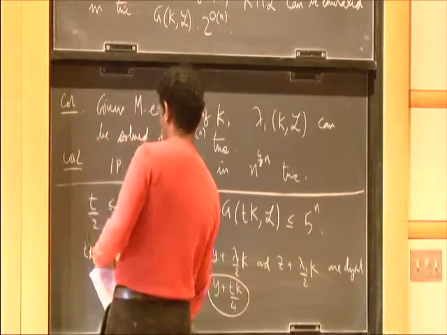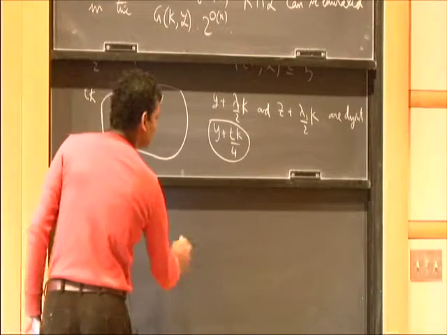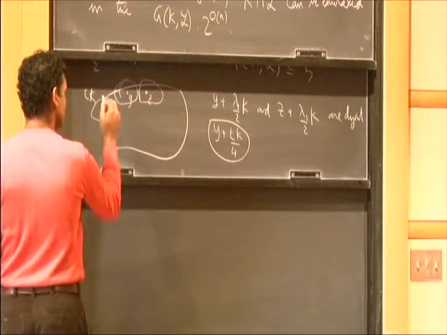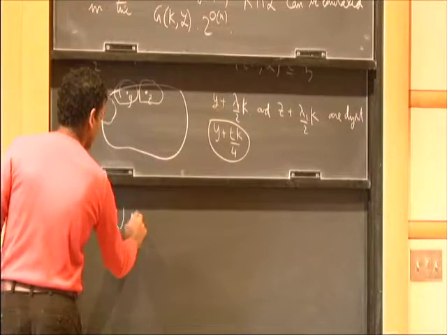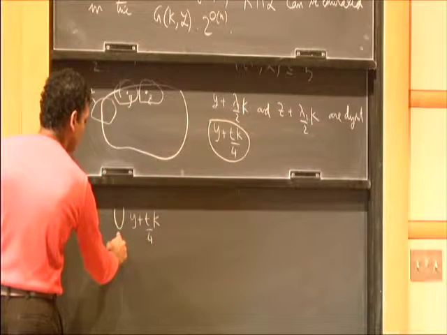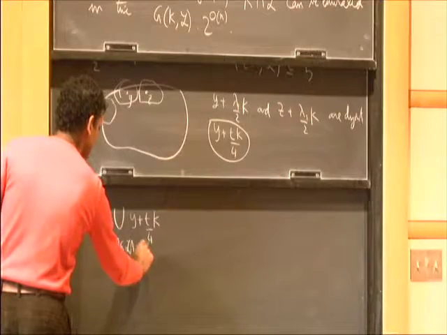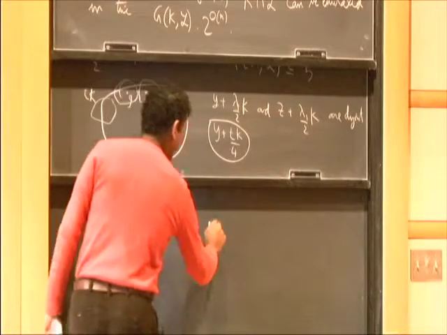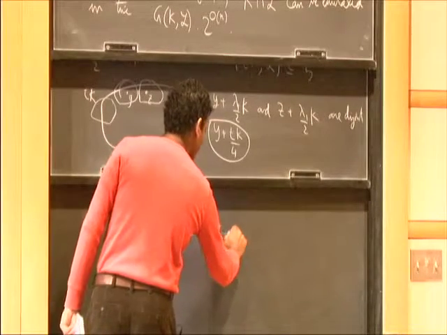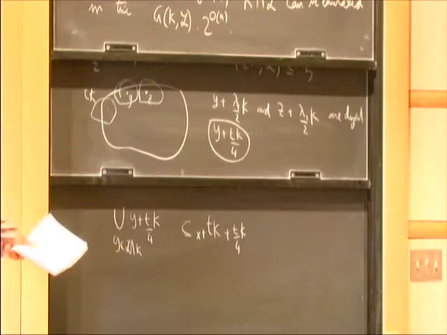So if I take each of these copies, all I'm saying is that the union of y plus tk over 4, for all y in the lattice intersected with k, is contained in the shifted body, so it's tk plus tk over 4, because that's the maximum you're adding.